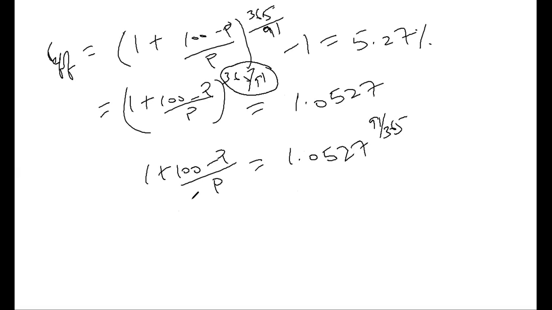It's like if you have a number that is squared, let's say 2 squared equal to 4. If you want to find what the square root of 4 is, you would get 2.